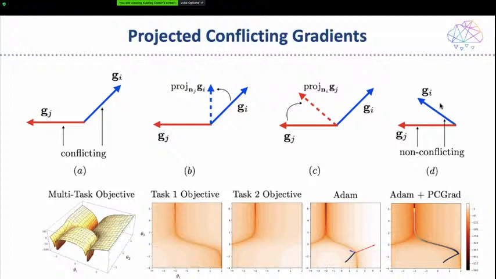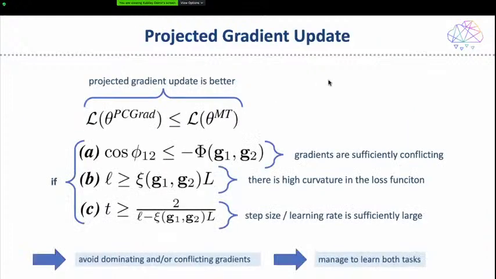And using this projection approach in this example, they show that the optimizer finds the global minimum more easily. Even more interesting is that they give a small mathematical proof that, under some conditions, the loss with the projected gradients after an update will be smaller than the loss with a normal update without the projection.